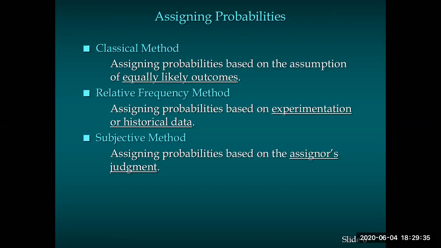So most of the organizations these days collect data and store data for their analytics. So big data analysis has become a very important new area of research and statistics these days, where a lot of digital data is being analyzed for different purposes by businesses. So that is the relative frequency method, where historical data, whatever is recorded, is used in computation of probabilities.